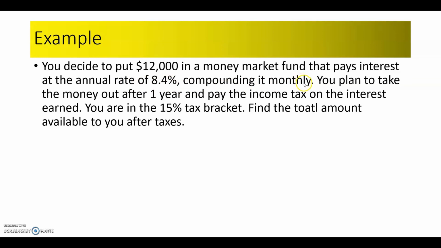It's being compounded monthly. You plan to take the money out after 1 year, so n is equal to 1, and pay the income tax on the interest earned. You are in the 15% tax bracket. Find the total amount available to you after taxes. So this is the question that we're going to look at.